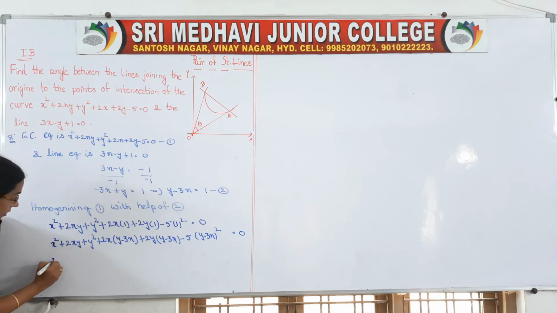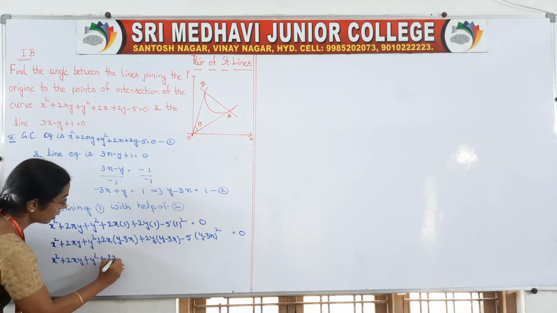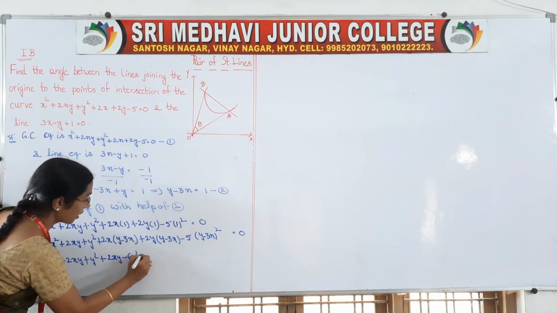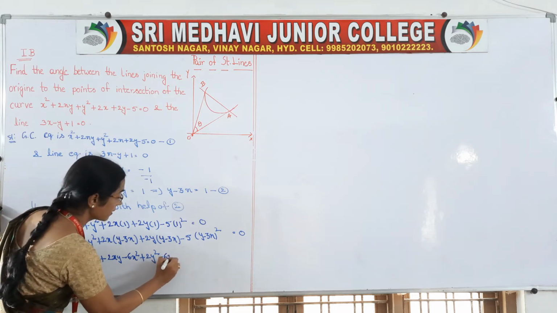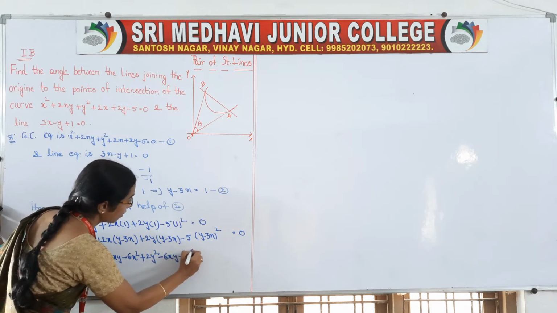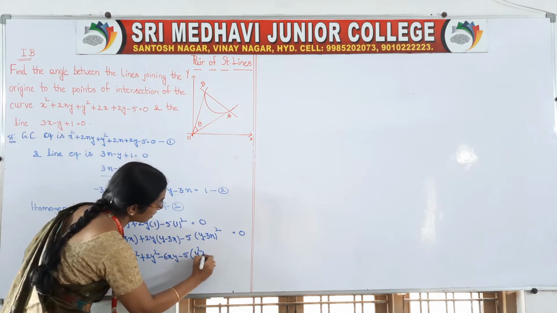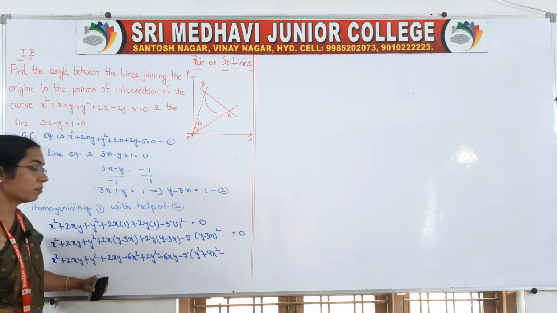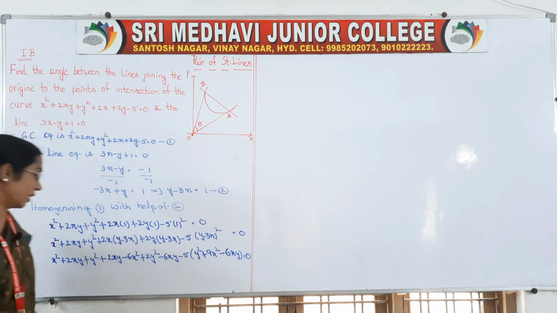So expand this: x square plus 2xy plus y square plus, this can be 2xy minus 2 3s are 6x square plus 2y square minus 2 3s are 6xy, minus 5 into a minus b whole square form. a square plus b square means 3x whole square, 9x square, minus 2ab, 2 3s are 6xy, is equal to 0.